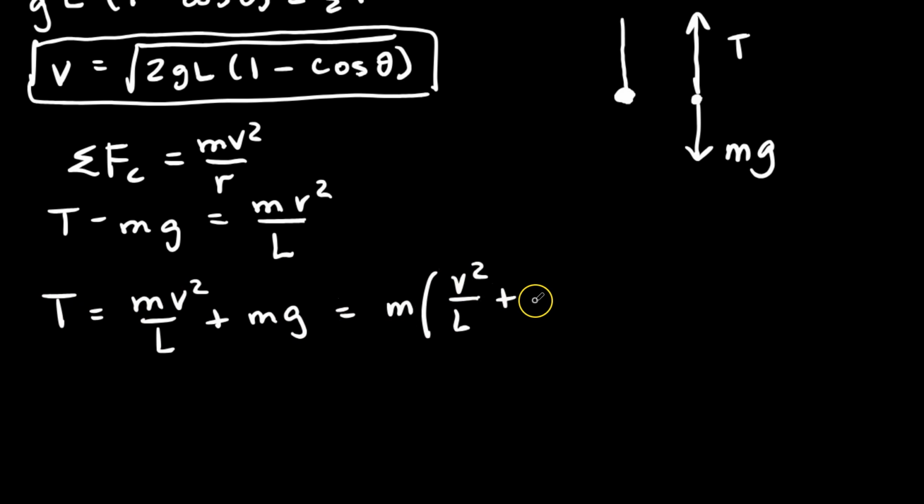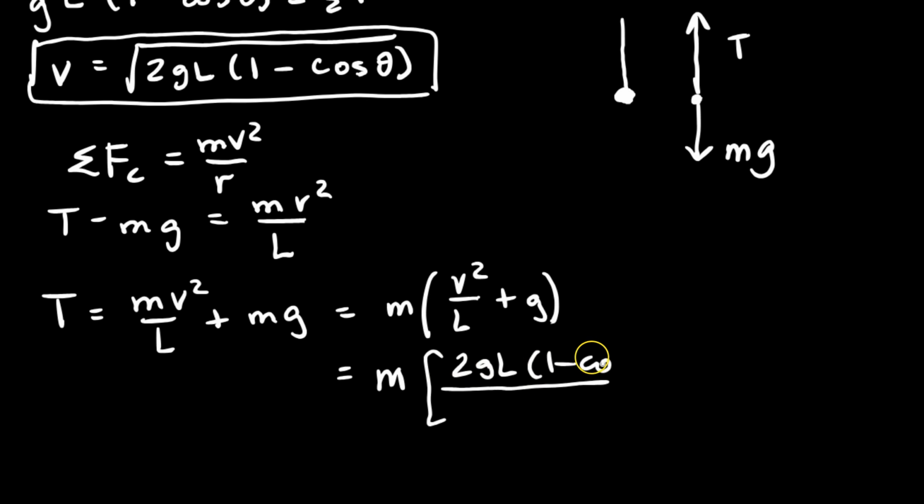You'll notice there's m on both of these terms here, so we're going to factor out the m. You'll notice that there's a v here, and this v is the speed that we just calculated for the speed at the bottom of the pendulum, so we're going to substitute that value in for v, and we get that the tension force is equal to m times 2gL times 1 minus cosine theta all over L plus g.